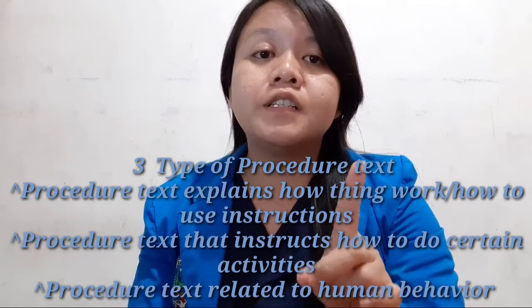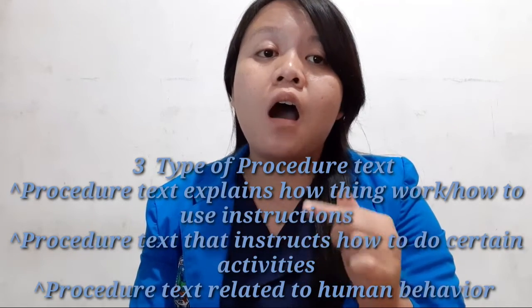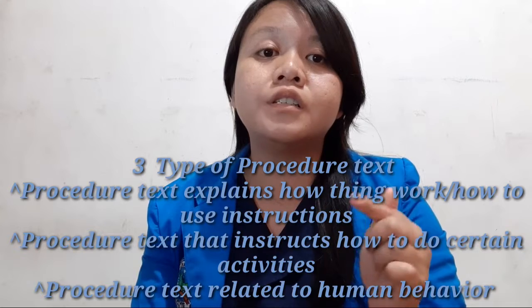First, procedure text that explains how things work or how to use instructions or manual operation, for example how to use a computer, how to record video, or how to use a telephone, and so on.